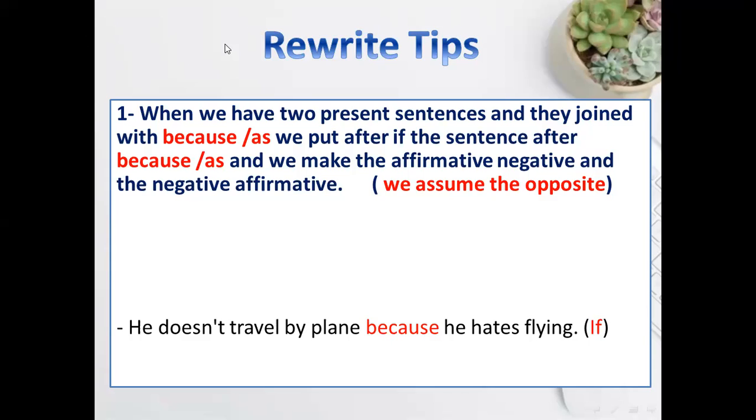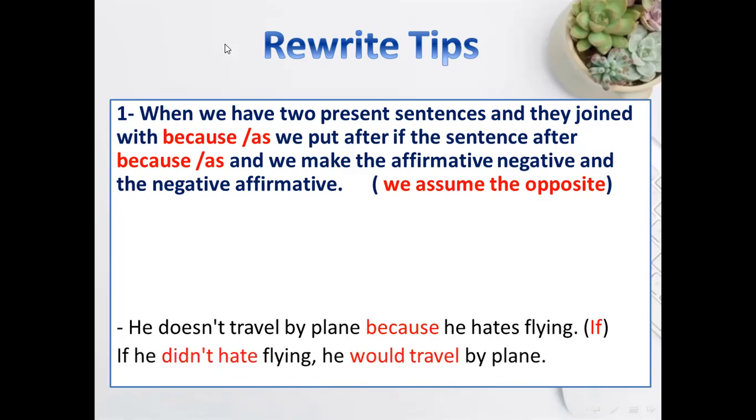So he doesn't travel by plane because he hates flying. So I will say if he didn't hate. Okay, so hates, I will make it past simple and I will make it negative. So if he didn't hate flying.